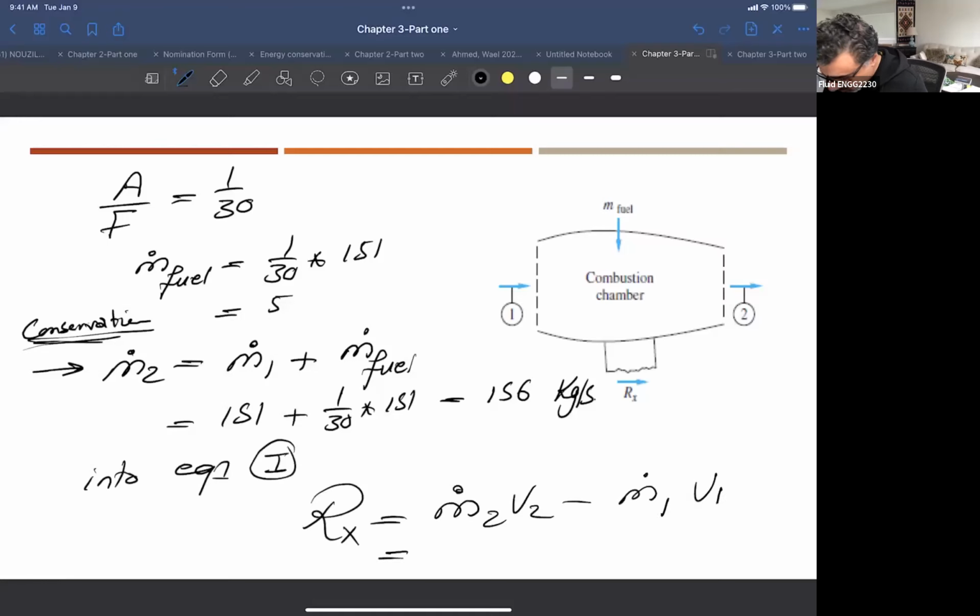M2 here is 156 times 900, minus M1, which is 151 times 250. And this will be 102,123 newtons, or 1.102 kilonewtons.